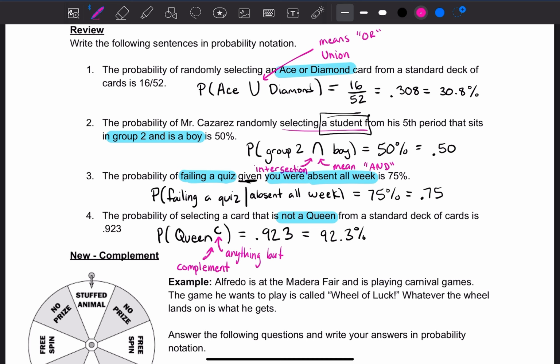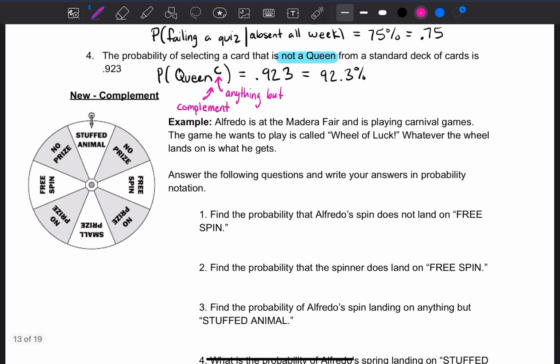We're going to go ahead and jump to the new stuff. And this new stuff is about complements. Okay, so we're going to look at complements a little bit more closely. For the rest of this worksheet, we're going to be using this wheel here to answer the questions.